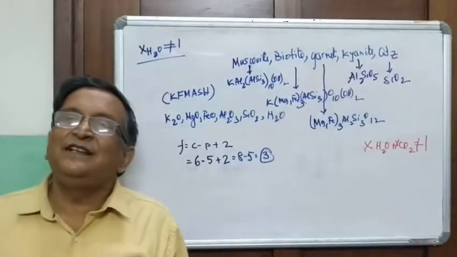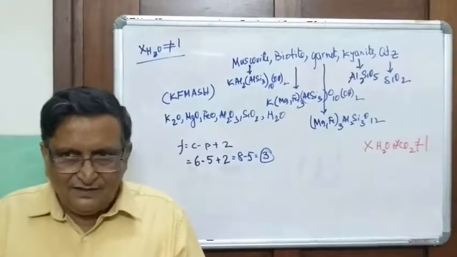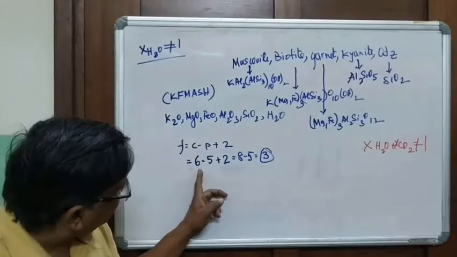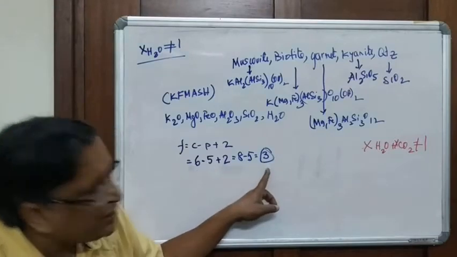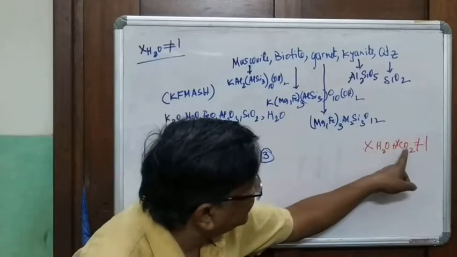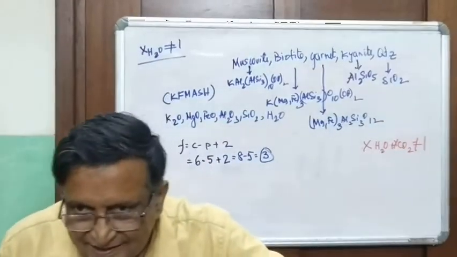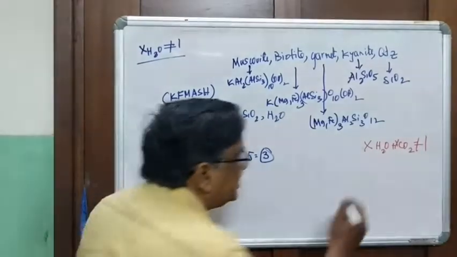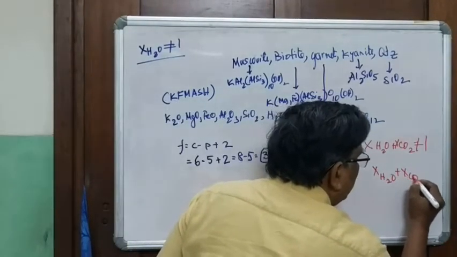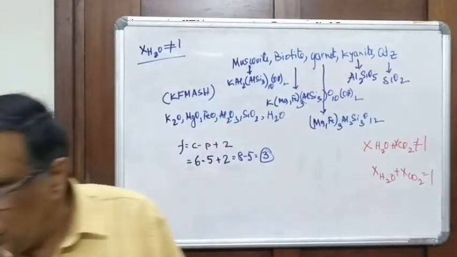Because you did not consider fluid. If this is the situation, then you don't have a fluid as a phase. So it's not equal to 1. So it would have been 7 minus 5 plus 2. It should have been 4. Why? Because here XH2O and XCO2 are both variables. But when you write XH2O plus XCO2 is equal to 1, then 1 is a variable, not both.